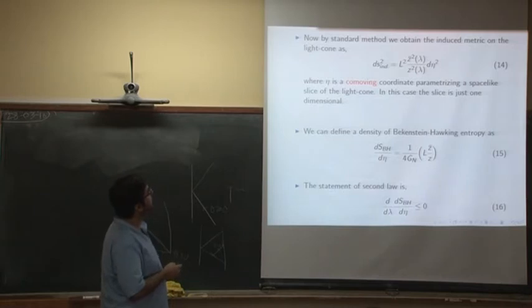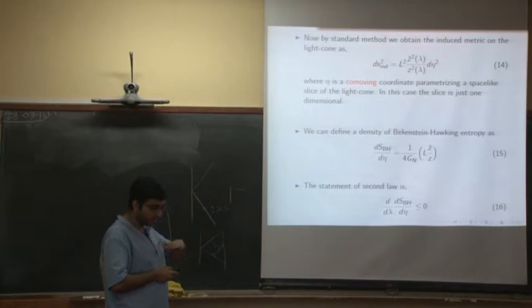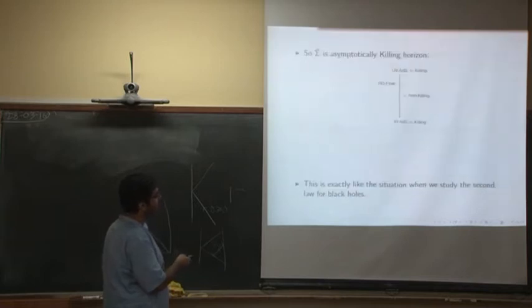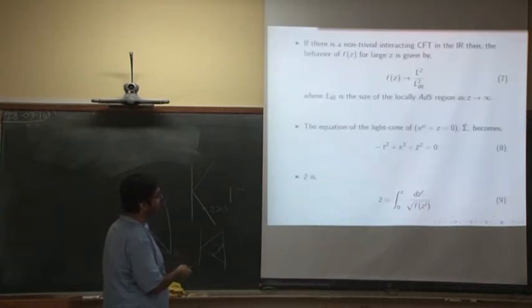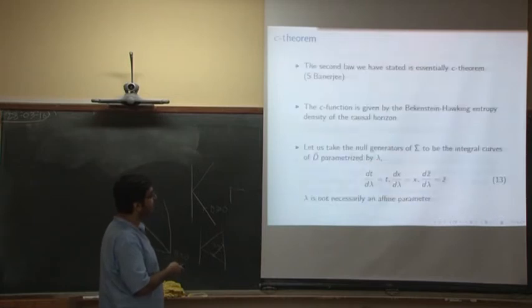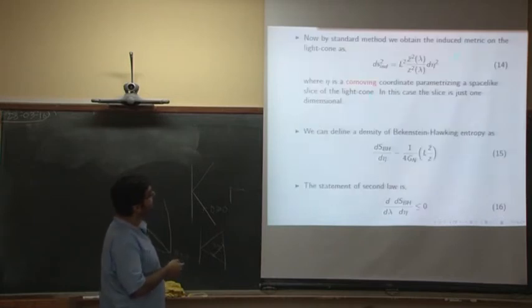Okay. So now I'm looking at AdS-3. If I look at a space-like cross section of the future light cone, that's a curve. If I look at the induced metric on the slices, the equation of sigma bar is this, and I now look at the induced metric on this null hypersurface, and that induced metric has this form, this L squared.